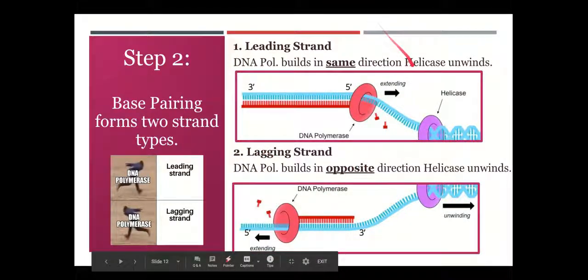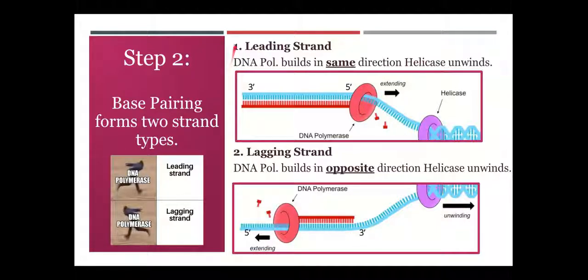So just to review the difference between that leading strand and the lagging strand. On the leading strand, our DNA polymerase is going to build that new strand in the same direction that helicase is unwinding in. They move in the same direction. Helicase is leading the DNA polymerase. So we call this the leading strand. It gets its nucleotides added consistently without any stops and starts.